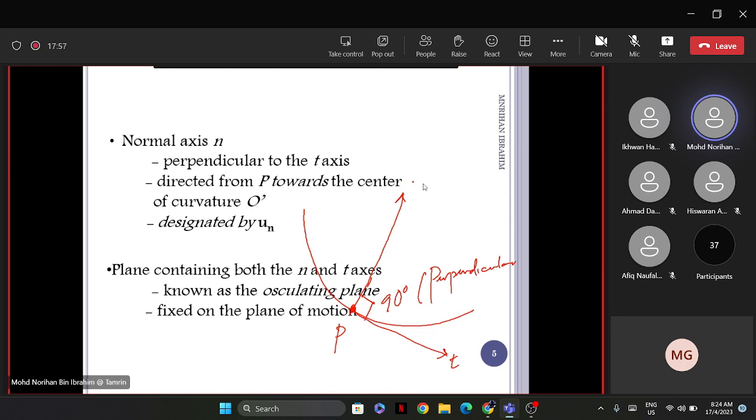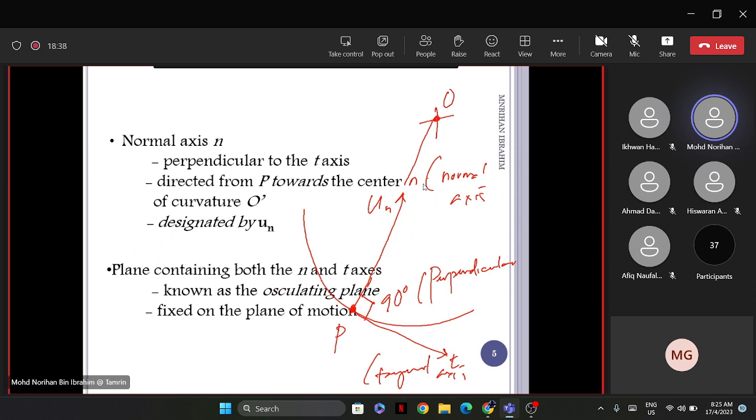So this one is N. N is normal, T is tangent. It's directed from P toward the center of curvature. Let's say the center of curvature is approximately at this point. We can put it as O or O prime or whatever it is. It's designated by the unit vector UN. So for N, the unit vector is UN.